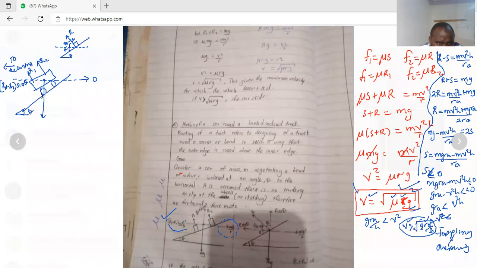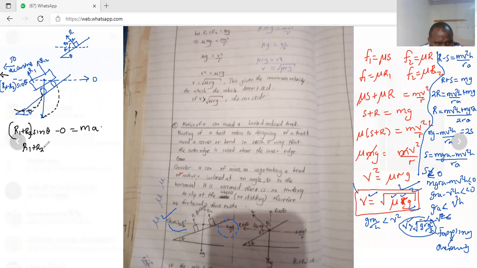This car is trying to negotiate a bend along an inclined road, so towards the center is this side. And R1 plus R2 sine of theta overcome no force to give us the resultant force, which still comes to the same thing.